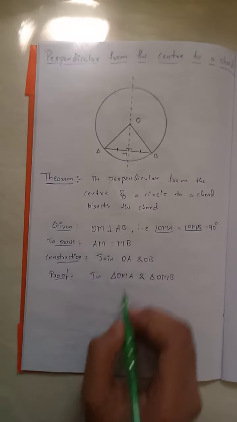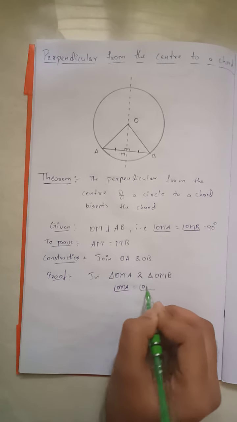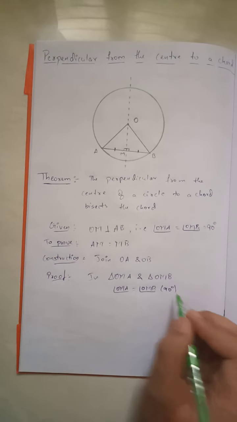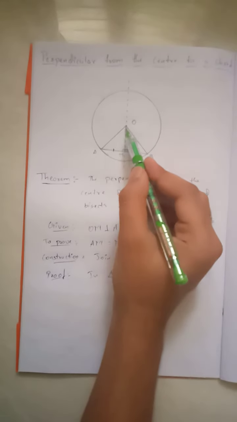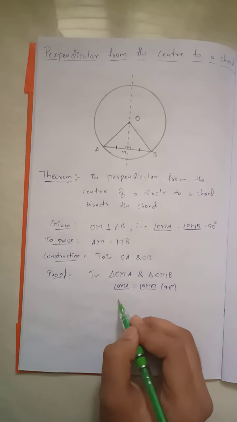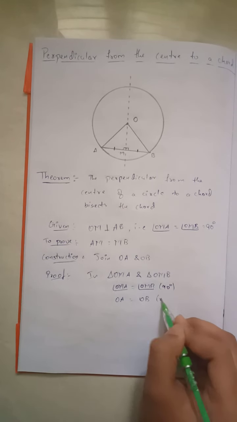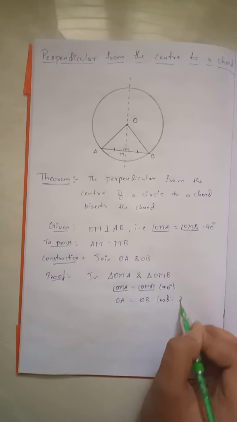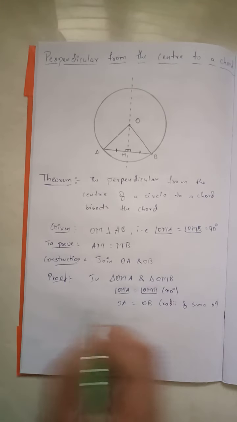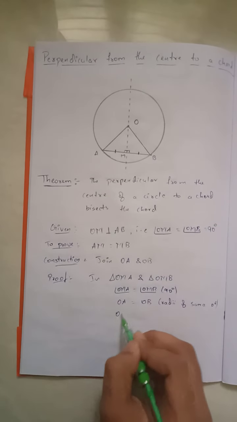So we will write that angle OMA is equal to angle OMB because those two angles are equal to 90 degrees, and OA is equal to OB because these two are radii of the same circle. And OM is a common side for both triangles.